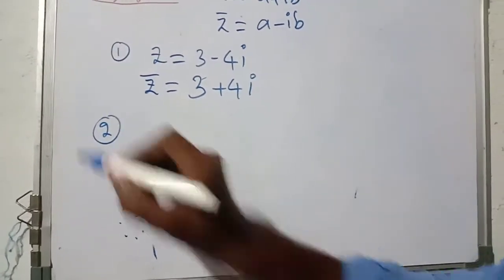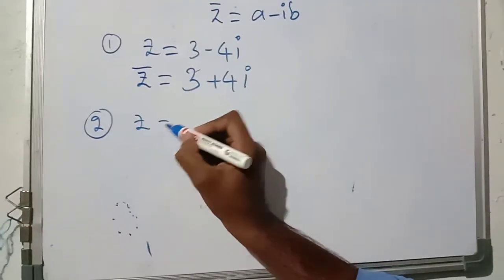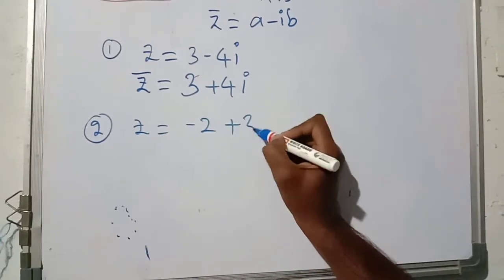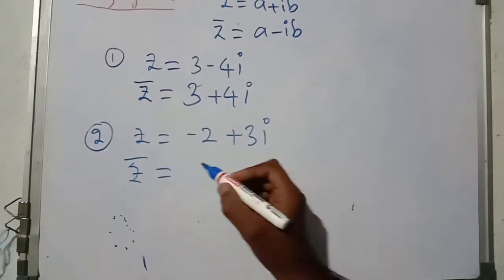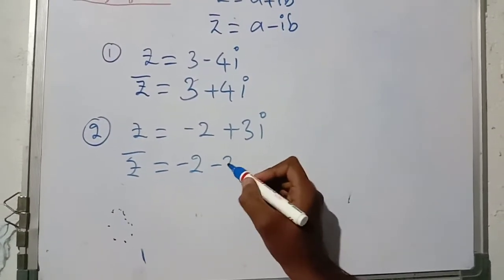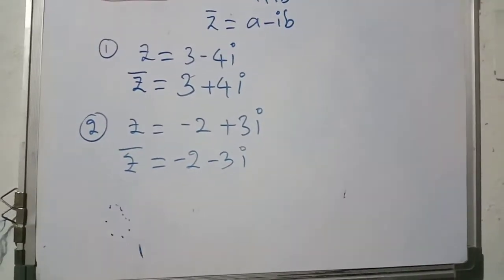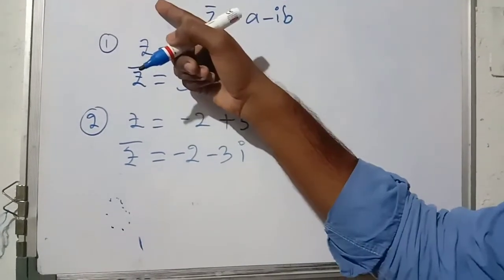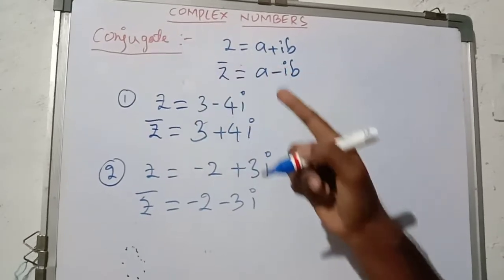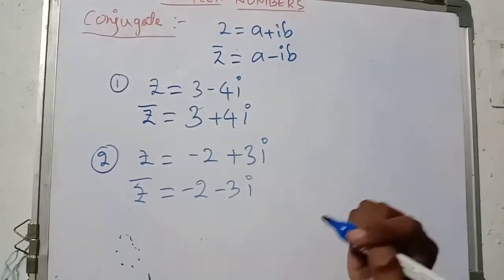Take one more example. z equals minus 2 plus 3i. Here the conjugate of this complex number is z bar equals minus 2 minus 3i. Kindly observe that conjugate means the change of sign of the imaginary part only.